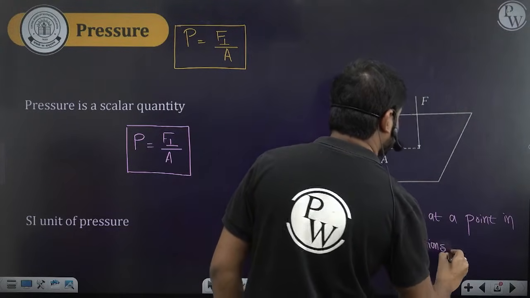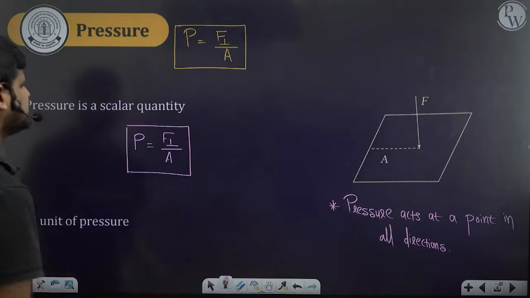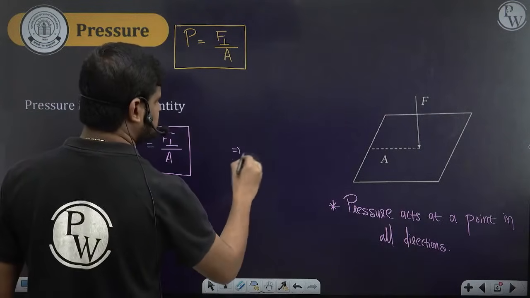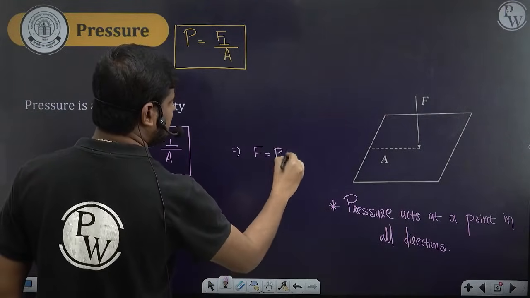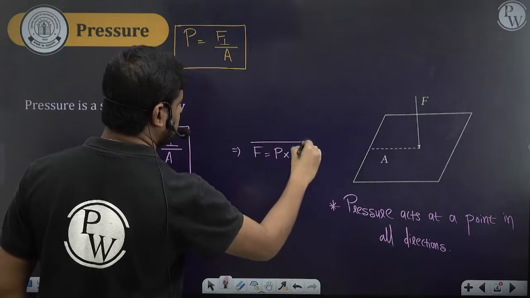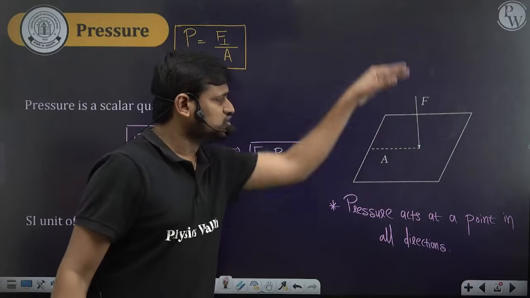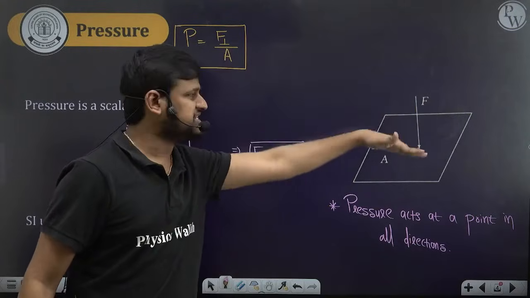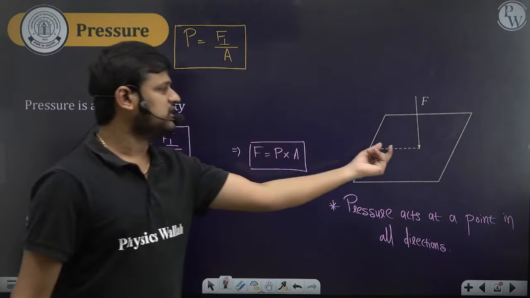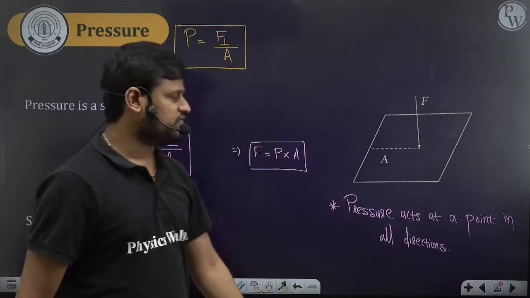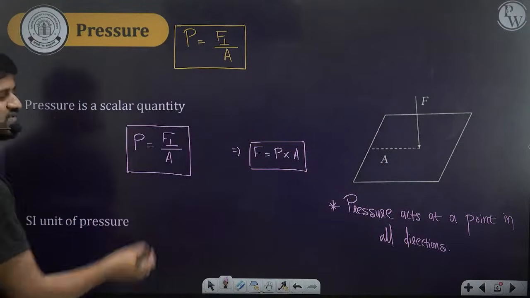Clear? Good. Next, if you want to find the force, then the force will be equal to the pressure into area. If some perpendicular force is acting on an area, then the pressure at that point is given as force upon area, the perpendicular force upon area.